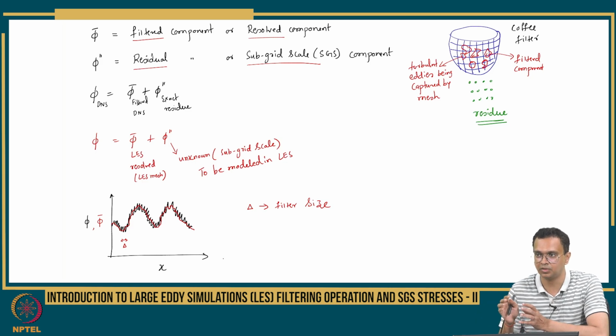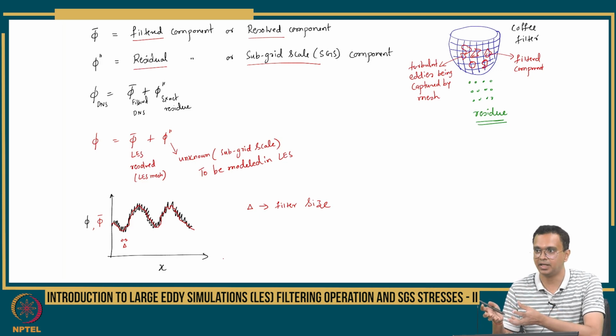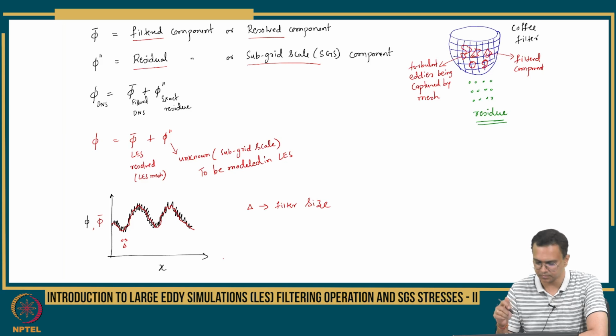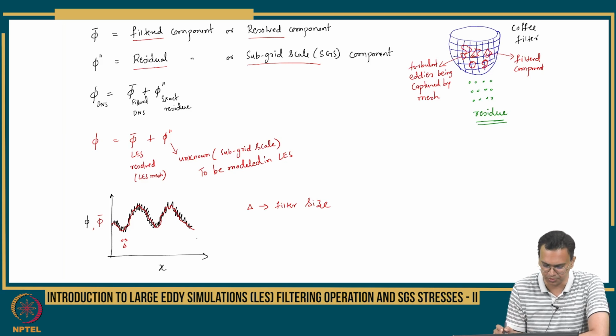The SGS models are only meant to account for the effects of the dissipative eddies. If your mesh is very coarse in LES and you are asking your SGS model to account for even inertial range eddies, obviously LES results will be bad, because the model is not capable of doing that. So this filter size is something you have to choose.